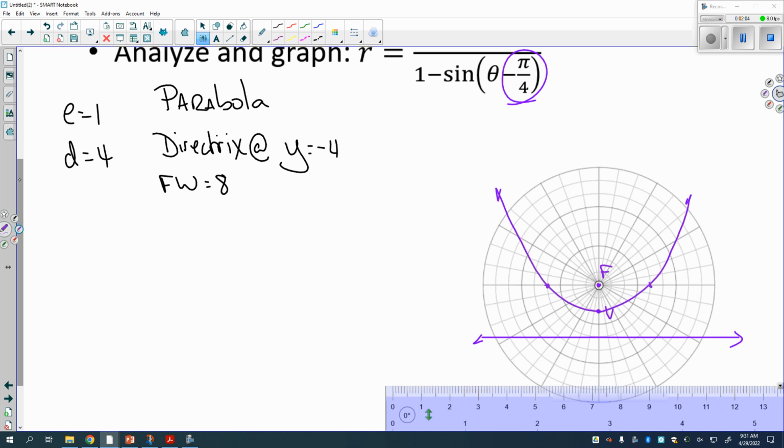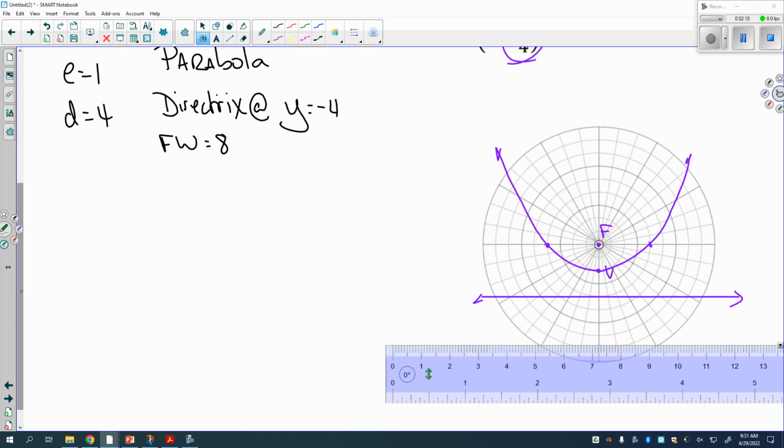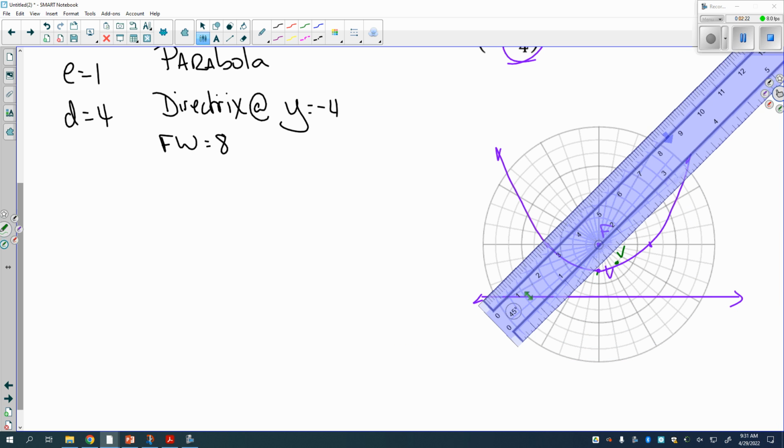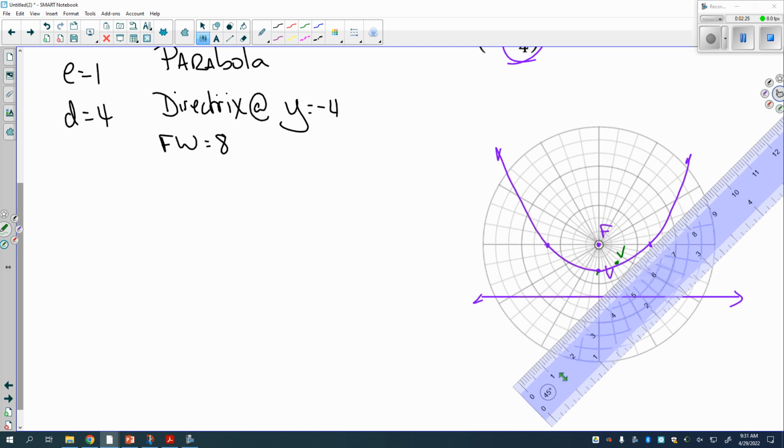this amount, pi over 4. I don't have a pi over 4 line on my graph, so I'm just going to estimate it. It moves my vertex right over to here. It shifts my directrix around so that it's right here.